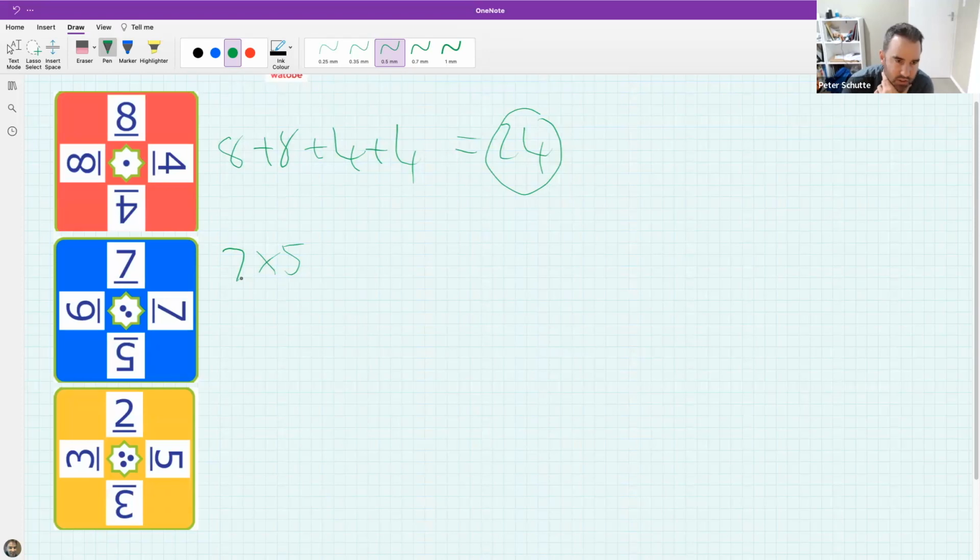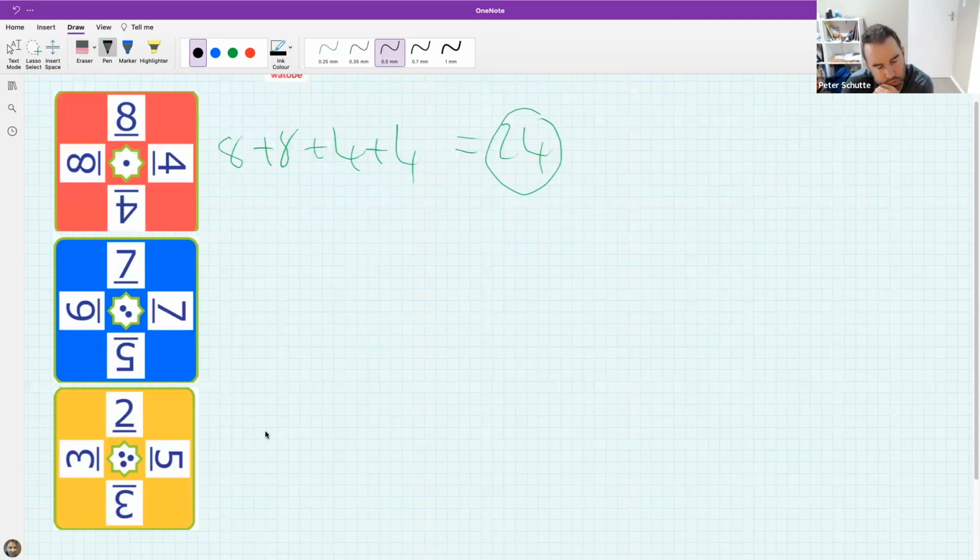Actually, I don't even know if that's helpful. Because you've used up 7, you've used up 5. So that would give us 35. But now, does that even get us... I don't even know if that is helpful. So blue is actually quite tricky today.